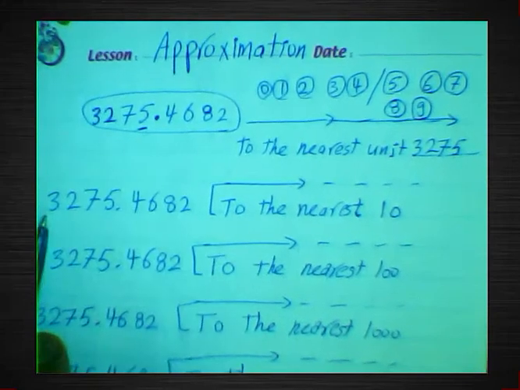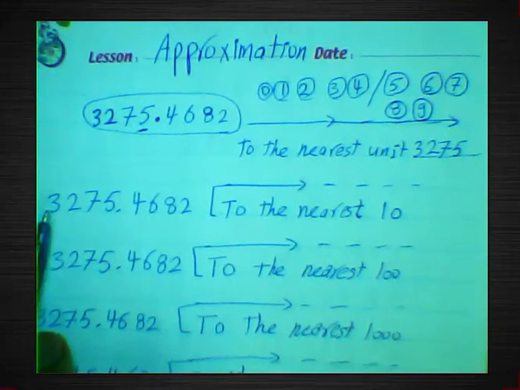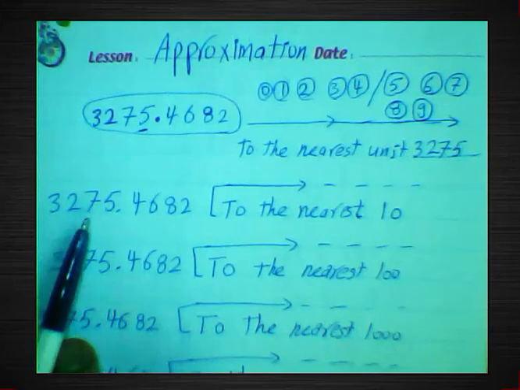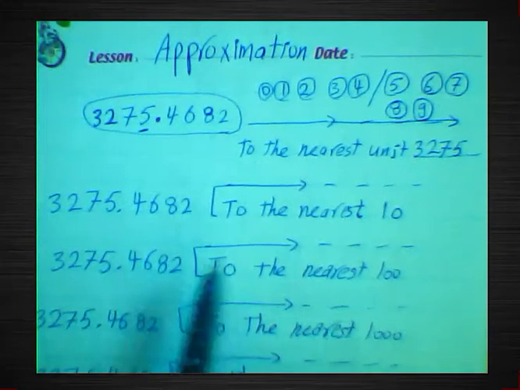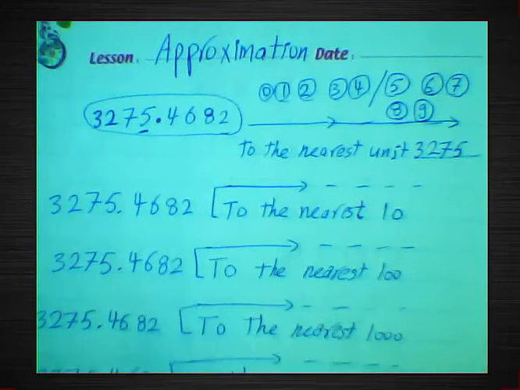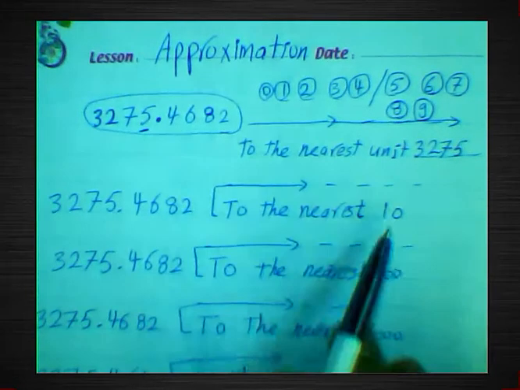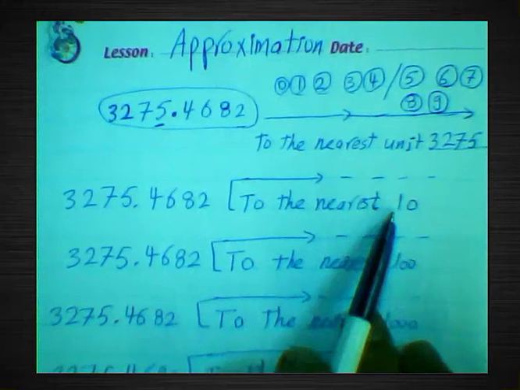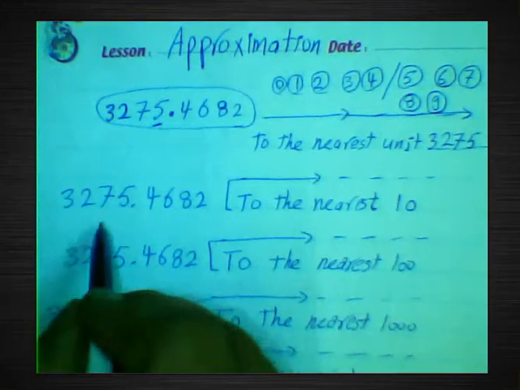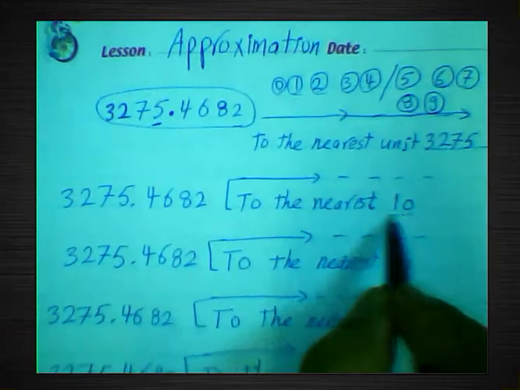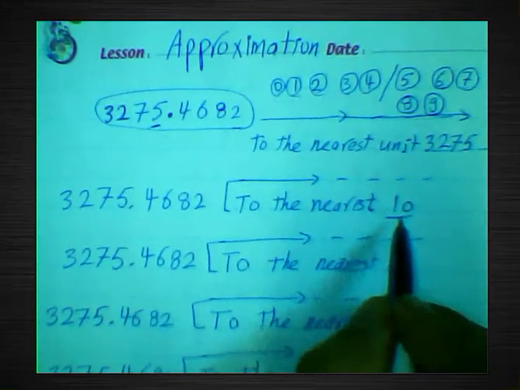And what if your teacher gives you this example, 3275.4682, and he wants you to find the result to the nearest 10? Who can solve it? First, we must know where the number in the place 10 is.